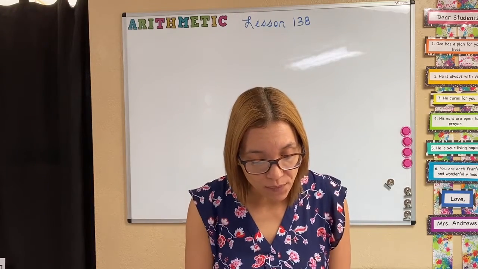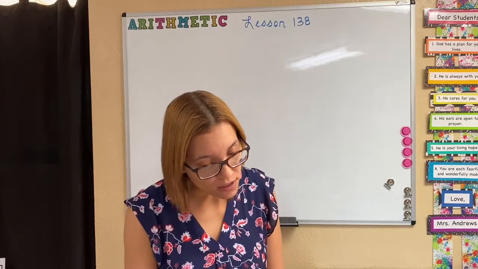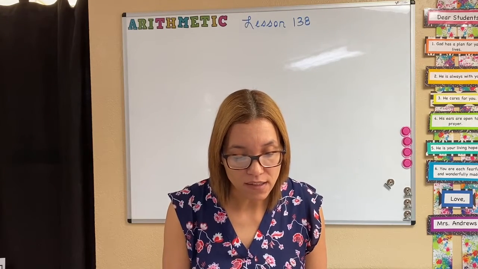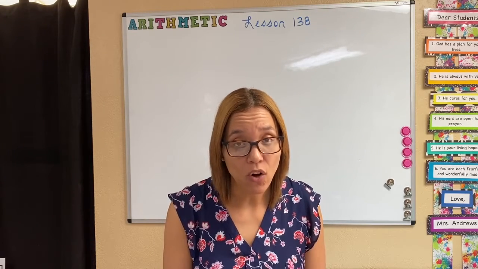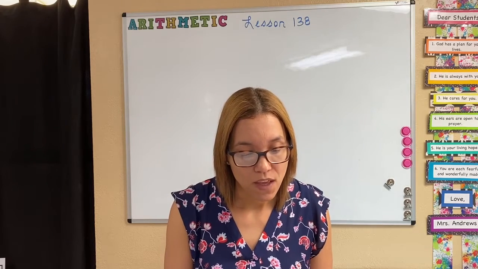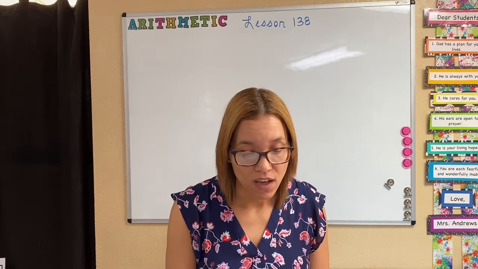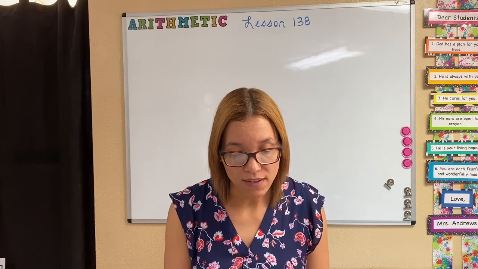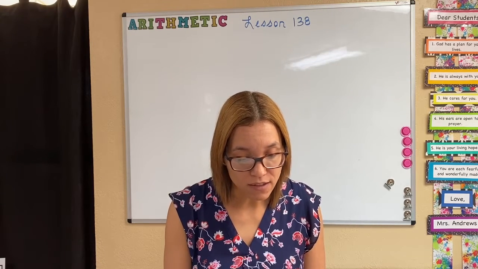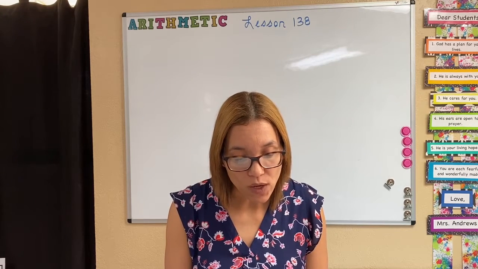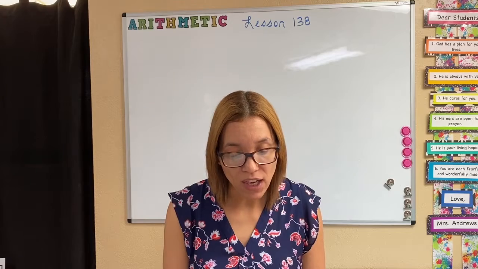On letter C, it says what fractional part has at least one set of parallel lines? That would be 3/5, because only 3 out of the 5 that we have there are going to have a set of parallel lines. Letter D, what percent has at least one set of parallel lines?